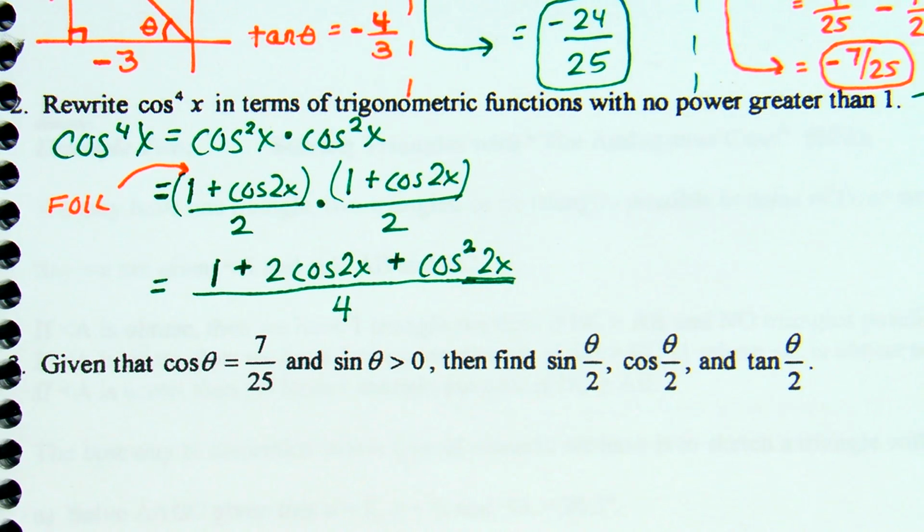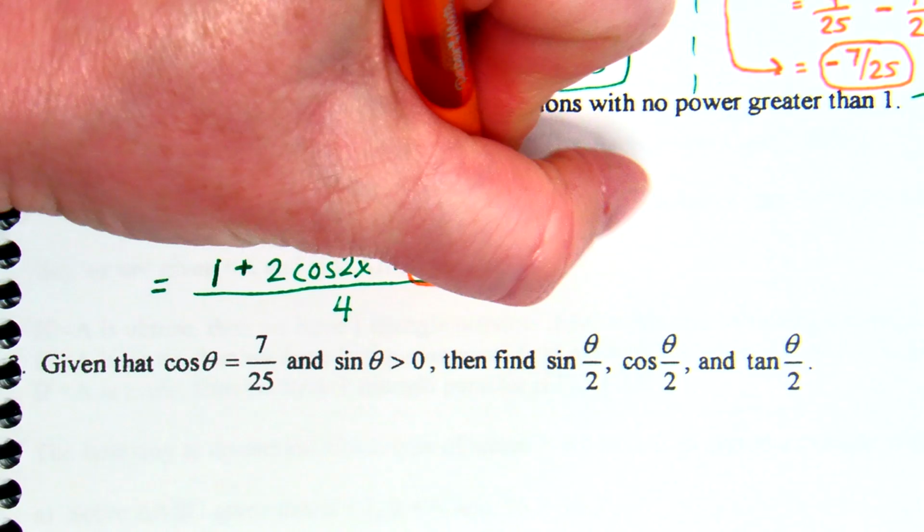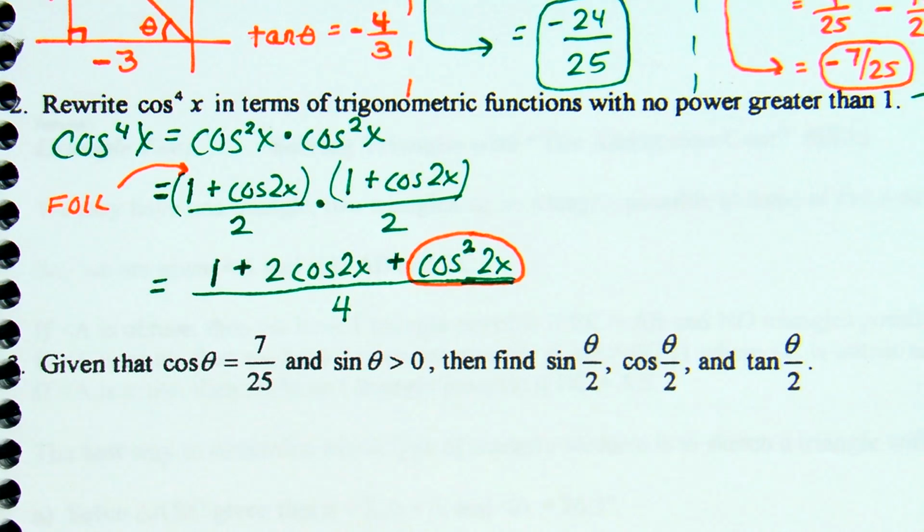Because we have a power greater than 1 right here, we're going to have to redo that term. Okay, so because there's a cosine squared, we have to use the power reducing identity on just that term. So we're using it a second time. And this is all because it was cosine to the 4th. Okay, they're making us work at it.